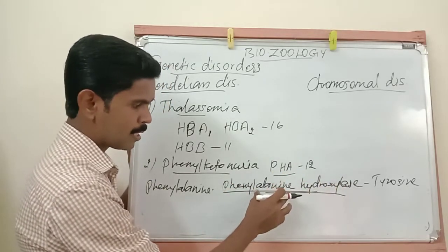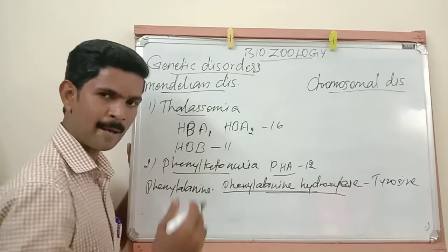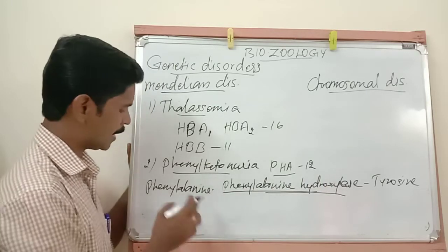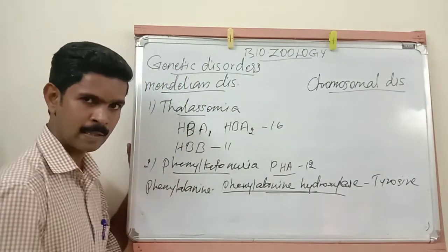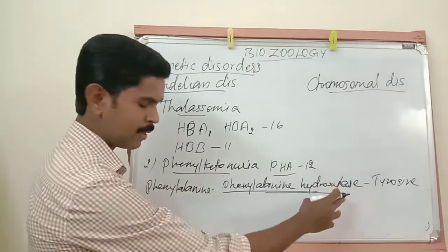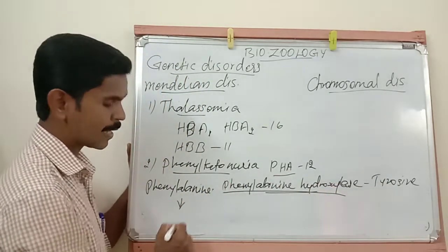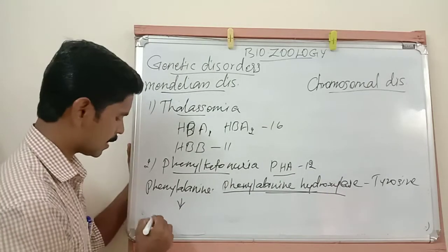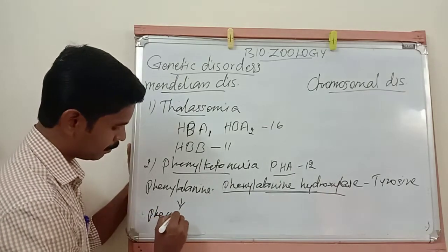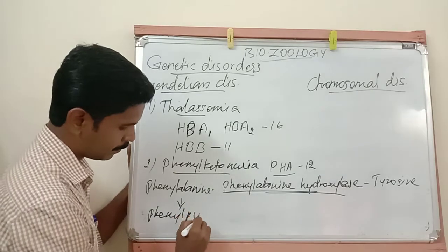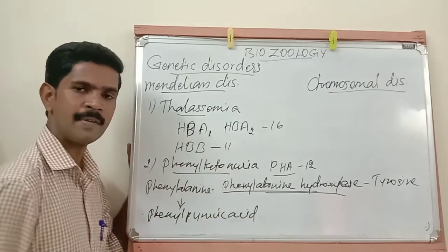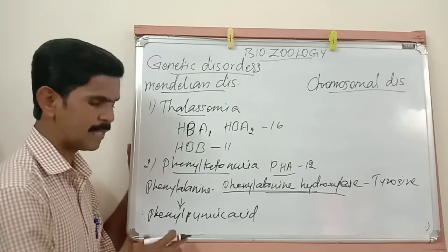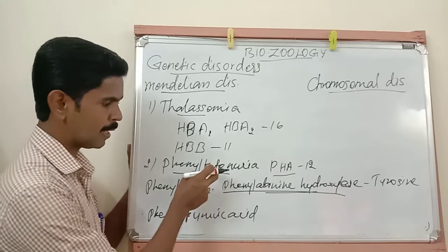If this enzyme is absent in the cells, phenylalanine is not converted into tyrosine, and it is instead converted into an acid called phenylpyruvic acid.